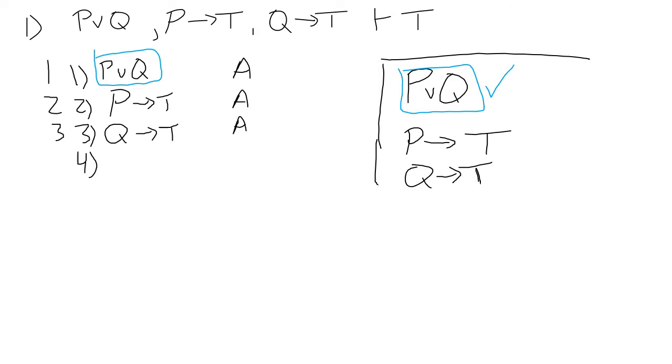And the reason is that if you have a wedge, it's saying either one of these is true. One of them is true, maybe both of them are true, but one of them is true.